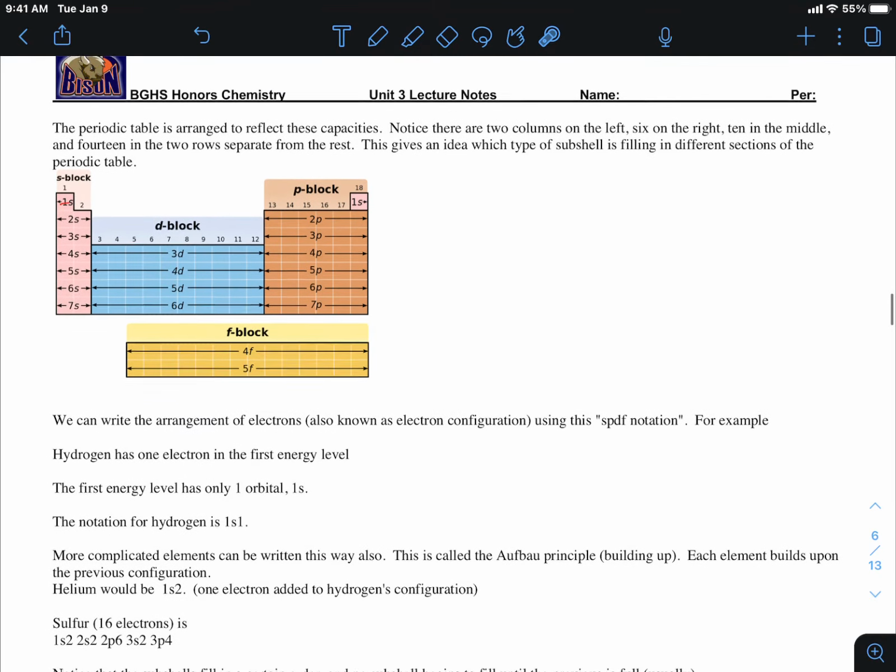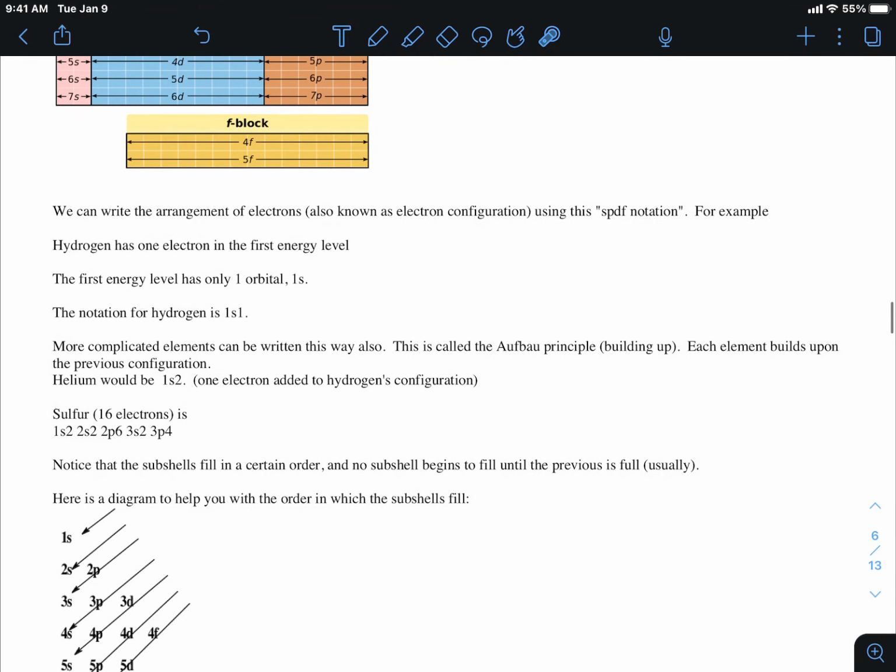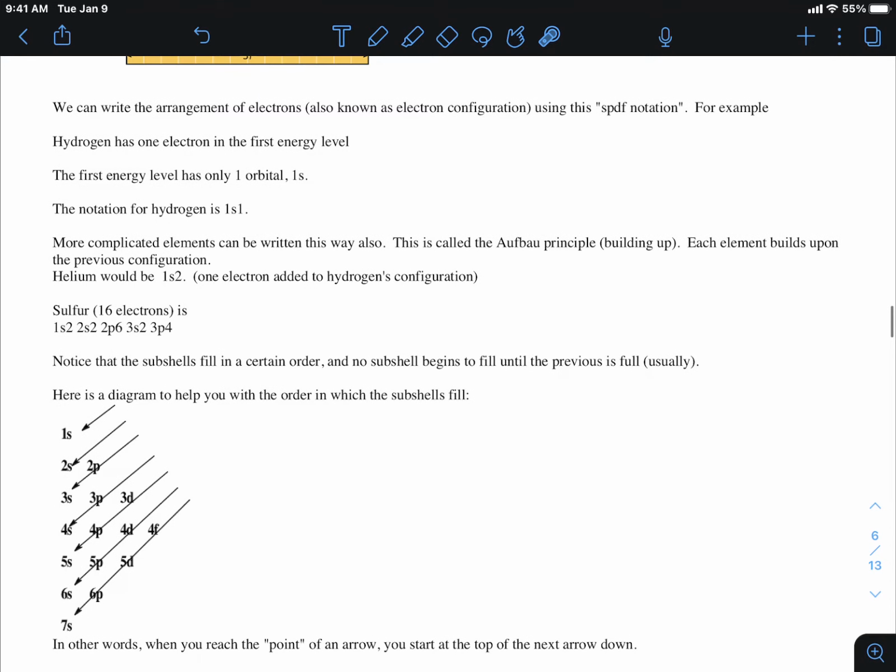Going back to the diagram that I had shown you at the beginning, this is called the order of fill diagram. And the way it works is you read the sublevels in the order which the arrow hits them. So the first arrow that comes down, right here at the top, hits 1s.